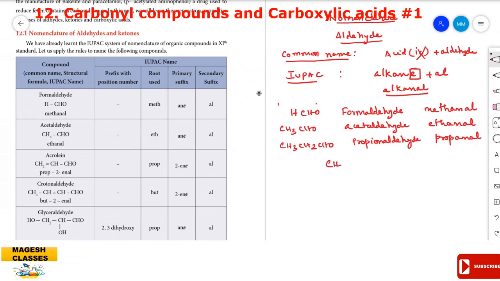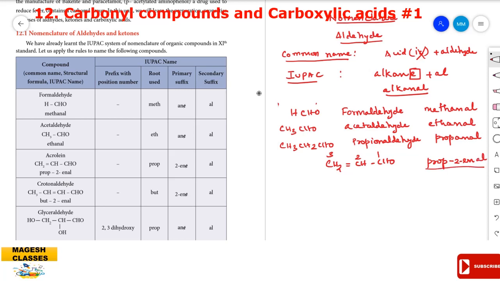This is acrolein, CH2 double bond CH single bond CHO. It contains 3 carbons. The aldehyde as the functional group is given number 1, 2, 3. So the long chain is prop, the double bond is present as ene, and the next one is al, aldehyde is al.